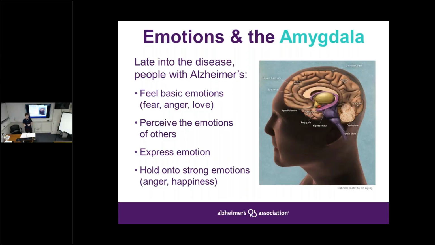We can't depend on them to remember that we just told them something. So we're not going to say to them, I just told you we're going this afternoon. We're going to say something like, yes, it is a beautiful day, and I can't wait till we go for ice cream this afternoon. So we're not going to hold it against them that they can't remember, and we are going to use positive, calm, and kind words to reinforce the direction we need to go.